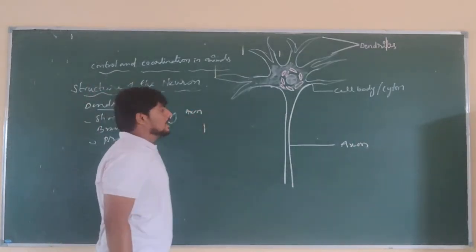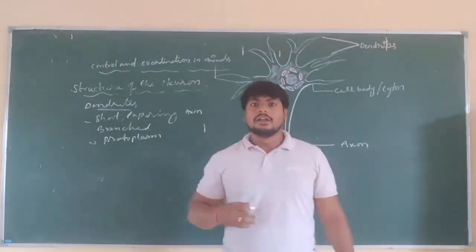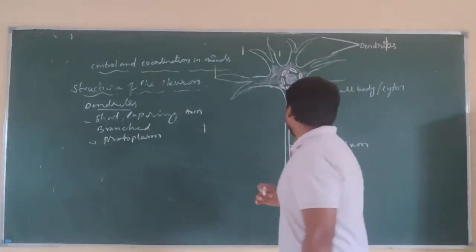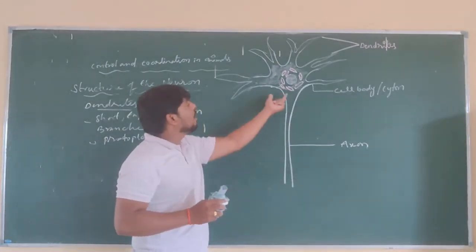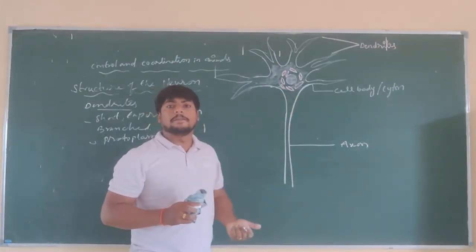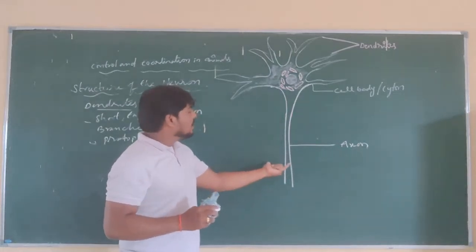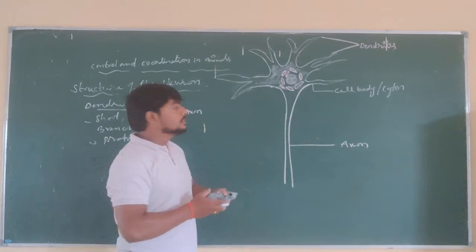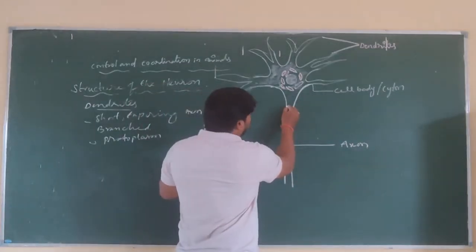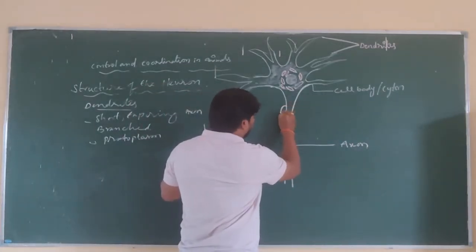So another part of the nerve cell is the axon. See, the axon is a long tubular structure which develops from the side of the cell body or cyton.